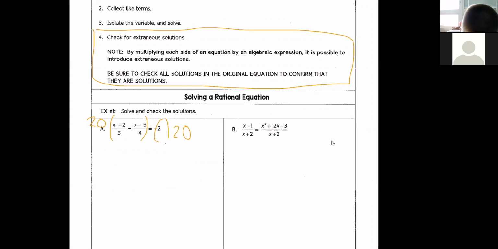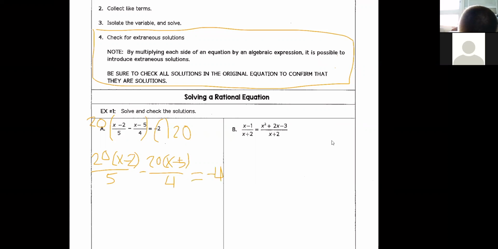You can kind of do this in your head. If you multiply 20 to this first fraction, 20 over 5 would be 4. Maybe I'll write it longways. You probably don't need to write all this out if you were actually working this out, but you're taking 20 times both of these fractions.